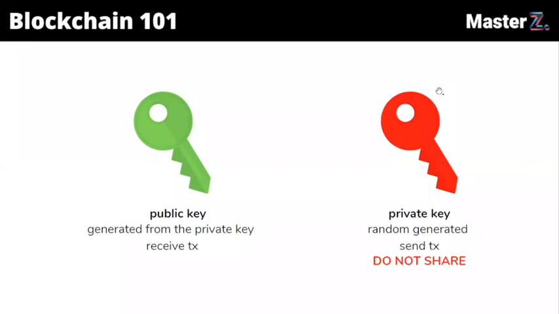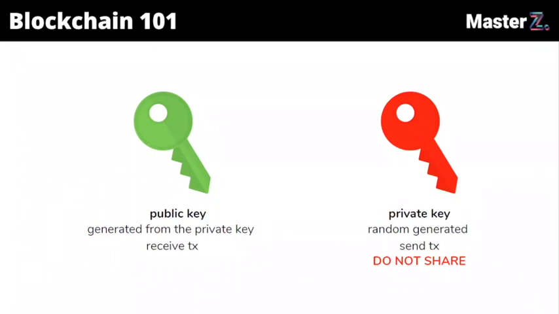You do not share it. Maybe you store it offline, and it's very important, because if you lose your private key, you're going to lose your wallet. This is the side of being really responsible for your things.